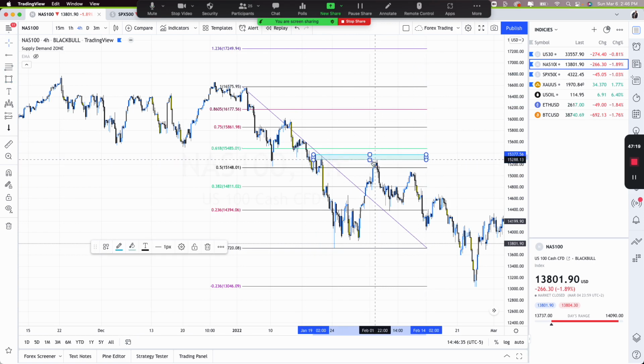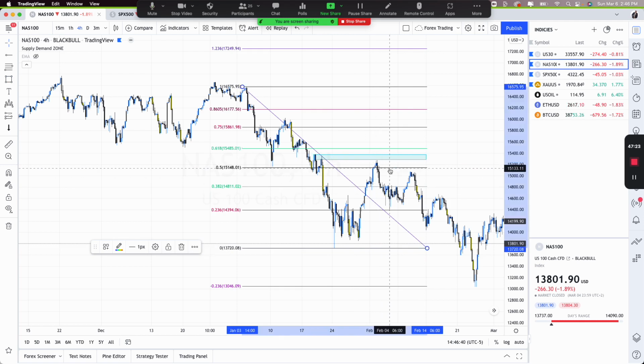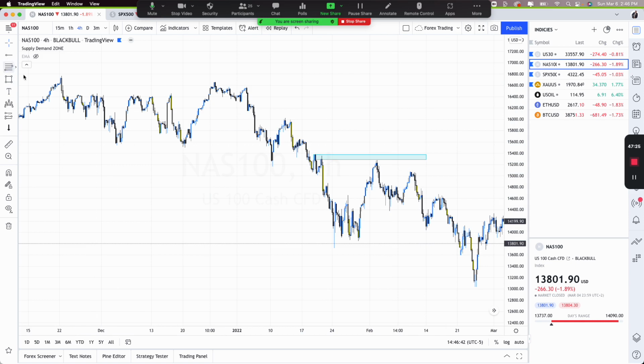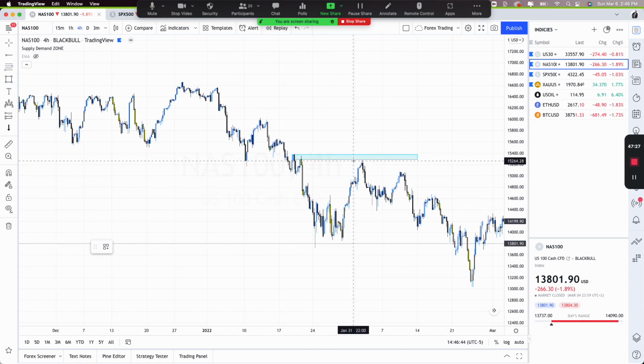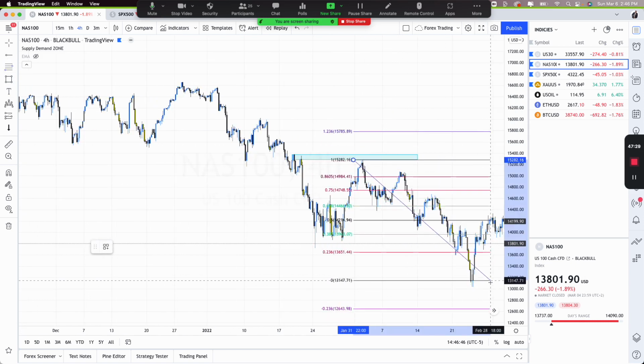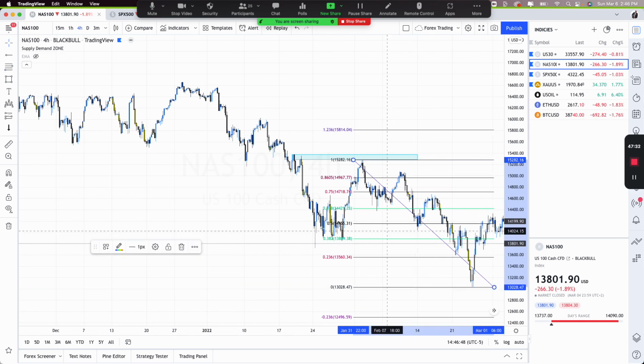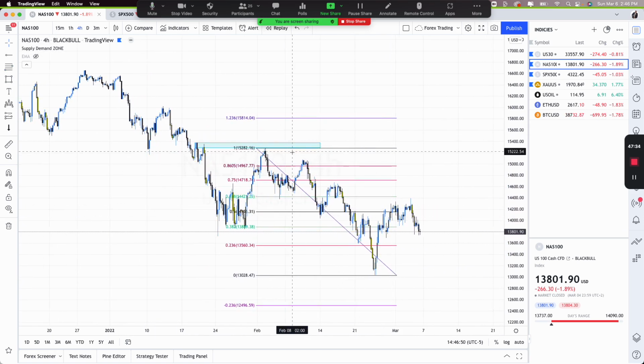Came back just below it and dropped. So we take it from here to here. Almost identical movement right in here.